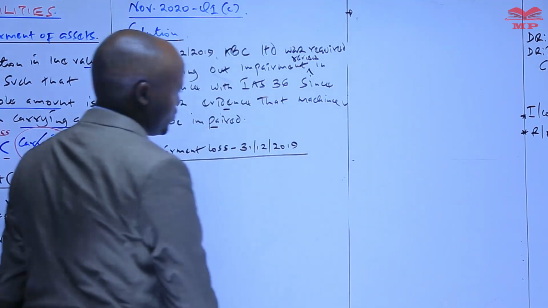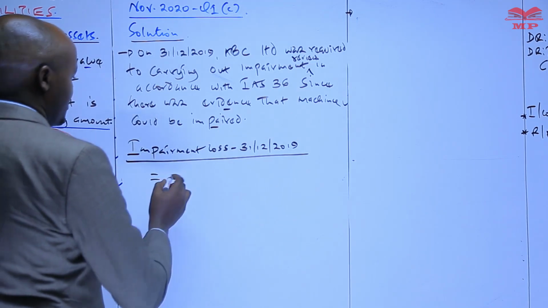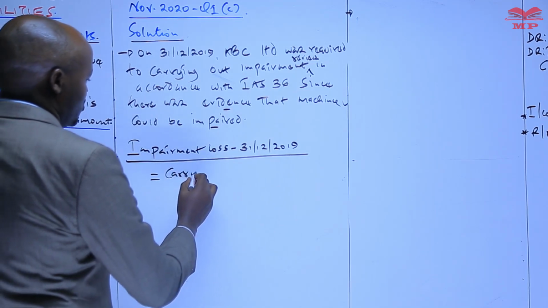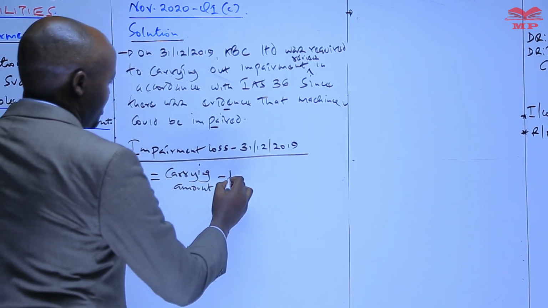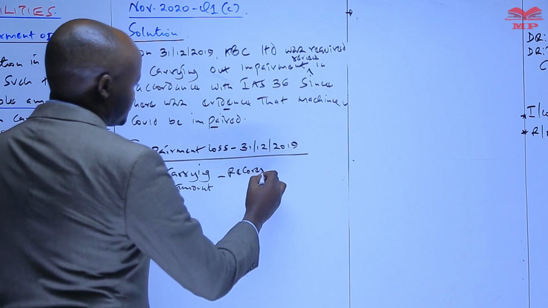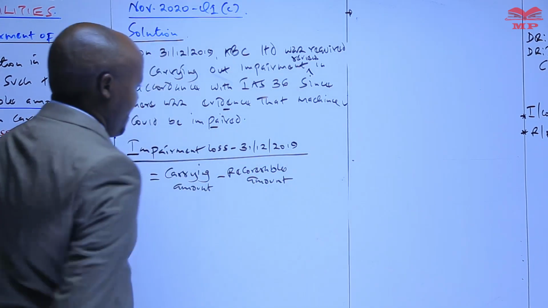It is important for you to have the formula for computing the impairment loss, and this is computed by taking the carrying amount minus the recoverable amount.